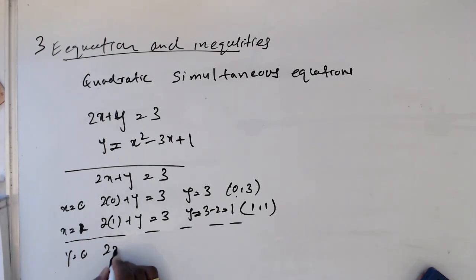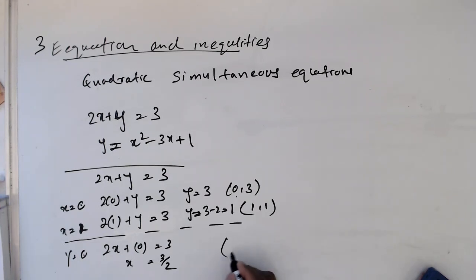Then 2x plus 0 equal 3, x equal 3 divided by 2, which is 1.5, also not a bad point. So 1.5, 0. Select any combinations and then we can draw the line.